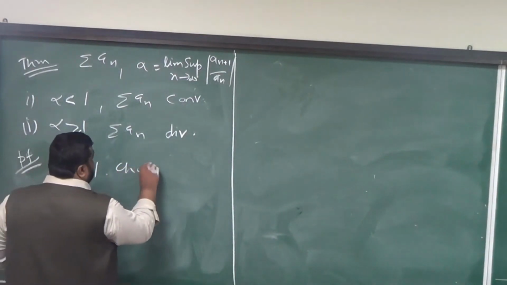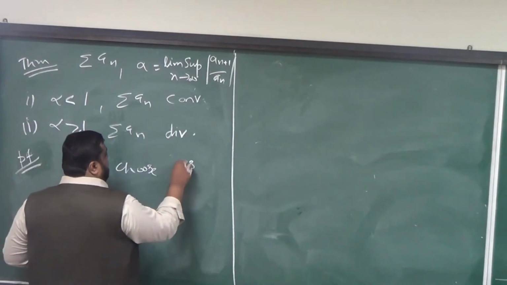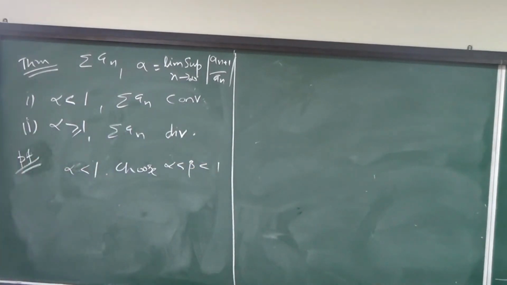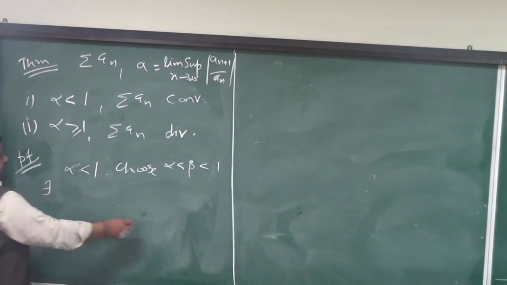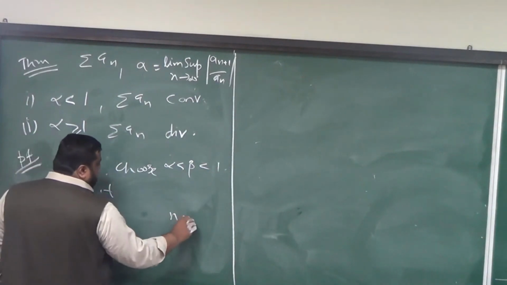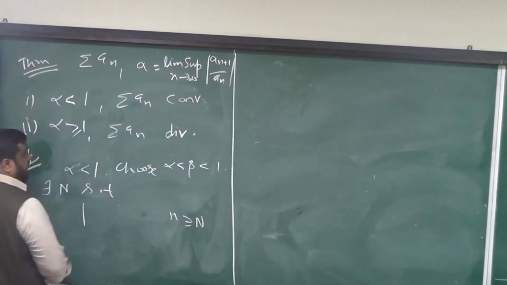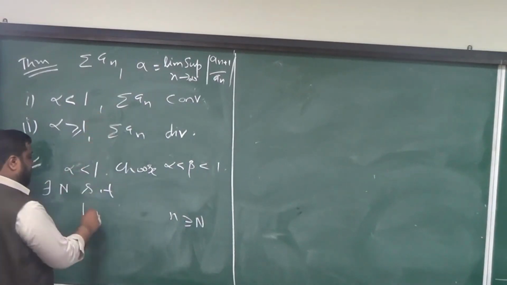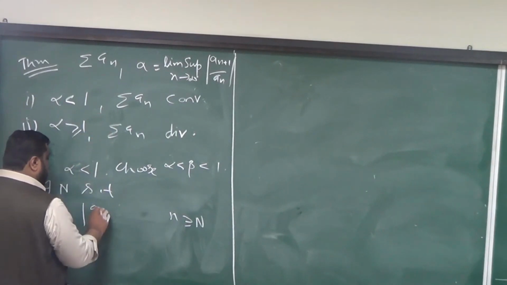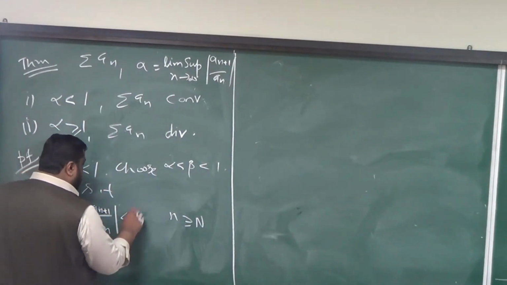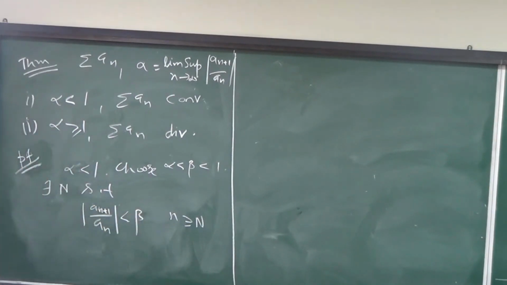So choose a beta between alpha and 1. Then what's going to happen? You're going to see that there exists an N such that after this N, the ratio a_(n+1) over a_n is smaller than beta. Agree?